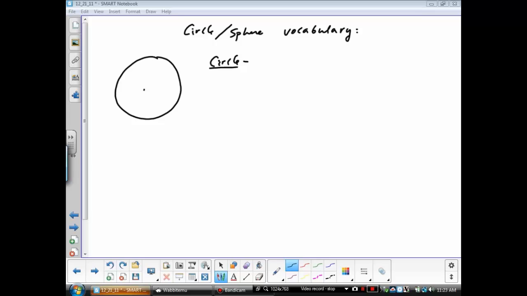So a circle is the set of all points in a plane that is a specified distance from a single point.